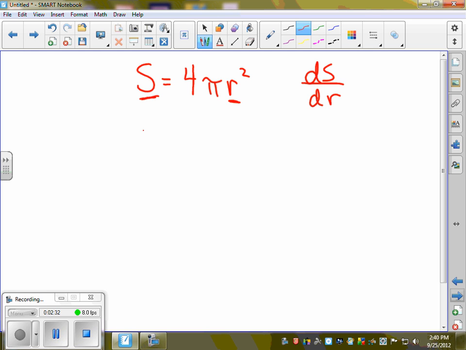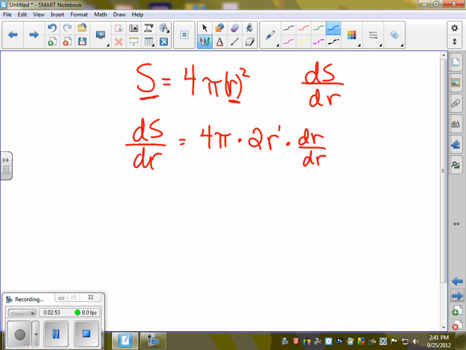So ds dr would be 4 pi as a constant times the derivative of r squared, which is 2r, and again, let's think of this as something squared, so that would be 2 something to the first, times the derivative of the something, but that would be dr dr, which, if you divide something by itself, gives you 1.